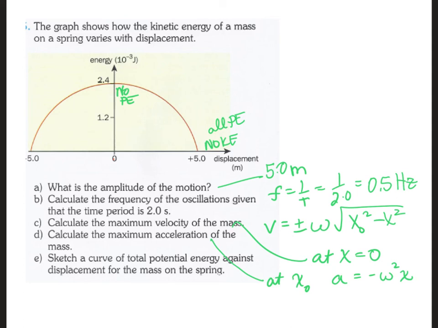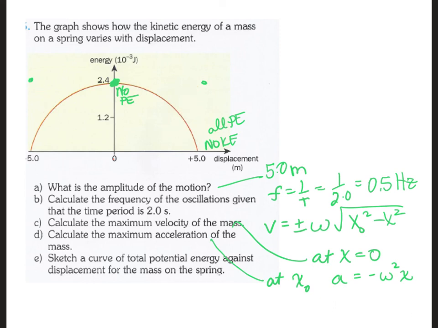Okay? Now, the other thing is, if I add them together, here, 0 potential energy and this much kinetic energy, I must have this much total energy. So that's going to be the same at all these places. Now, here at the edge, I've just said there's no kinetic energy. It must all be potential, so it must be this amount right here.